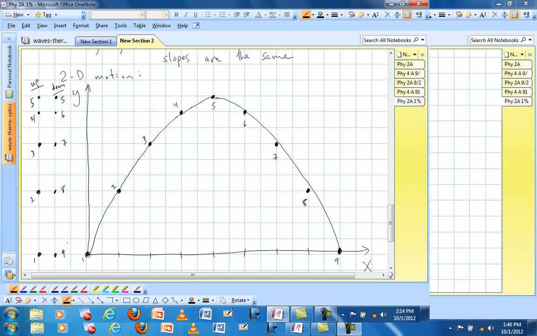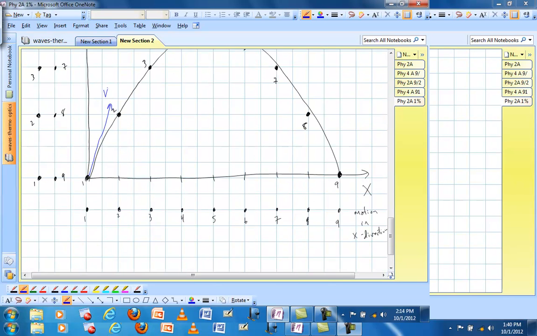So what that tells us is that we can think of these two motions, the x and the y, completely independently. We can break it up. If we were given some initial velocity, v initial, we can break that up into v initial in the x direction, and a y component.